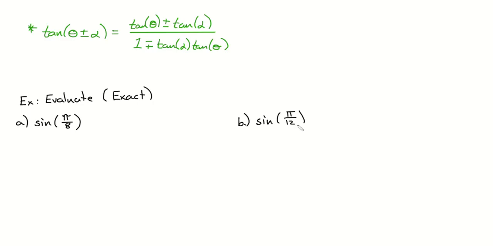Okay, for this, at least to start with, I struggle with one little part. Pi 12ths does not show up. If you want to think in degrees temporarily, I have no issue with it, but I would like you to make sure you get more used to thinking about radians. If I can't find pi 12ths, that's a bummer. But I think you guys can find me some way to add up or subtract two angles on your unit circle that give me 15.